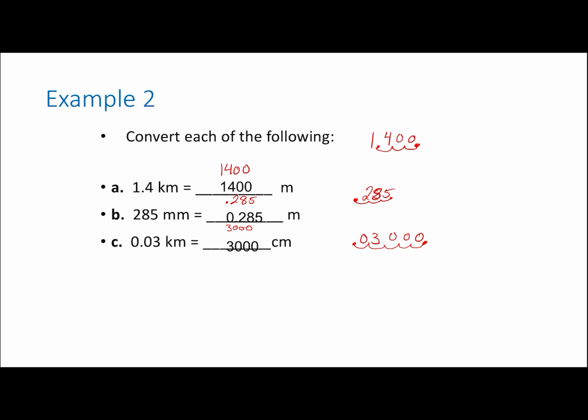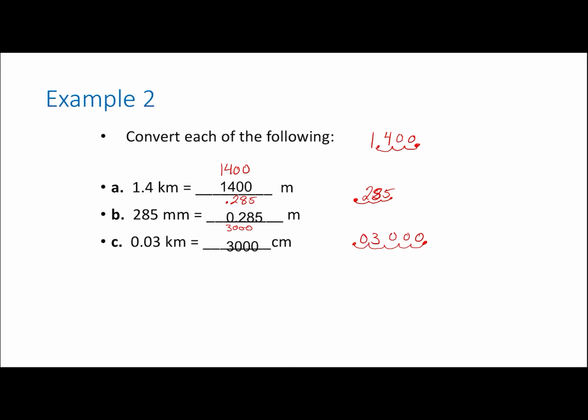So you just have to think about, am I making this a bigger number or a smaller number? Obviously, the more decimal places you have, the smaller it's going to get, versus if it's making bigger whole numbers, then it would obviously be a bigger number. Okay, so just be aware of that.